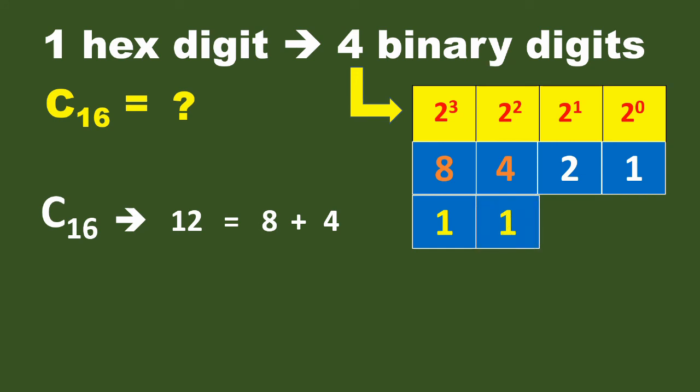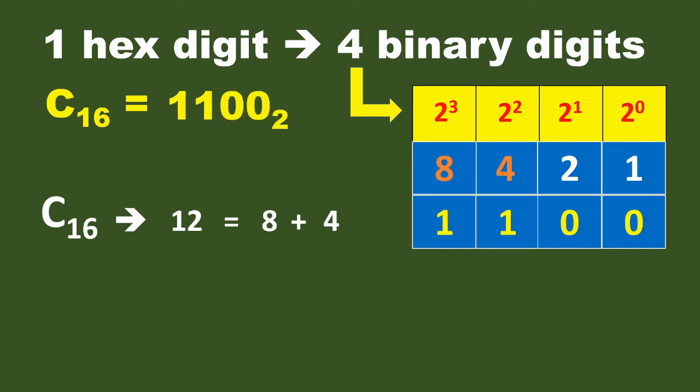And the 4 place also will be switched on, while the other two we put 0. So 12 is represented in binary as 1100. Therefore, the hexadecimal number C will have the value in binary as 1100.